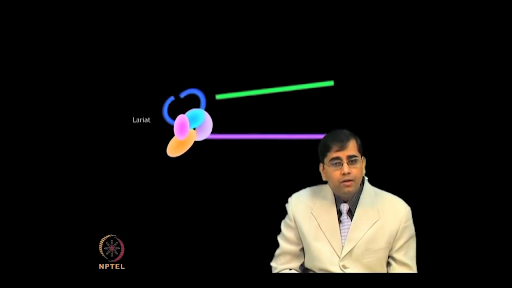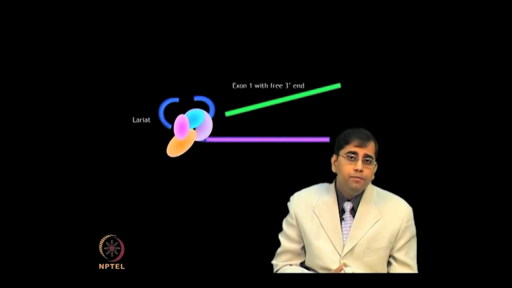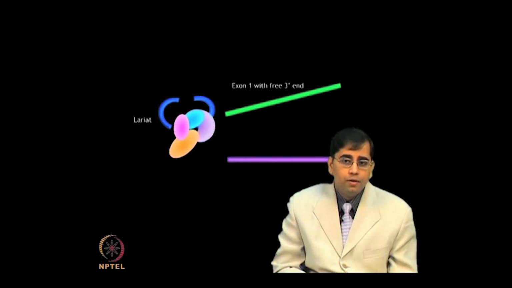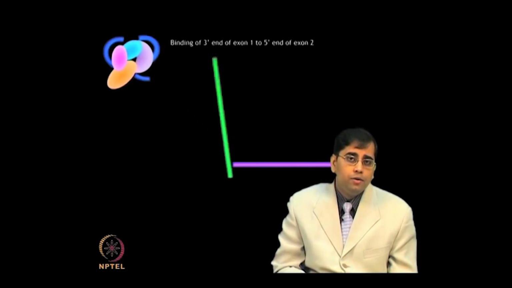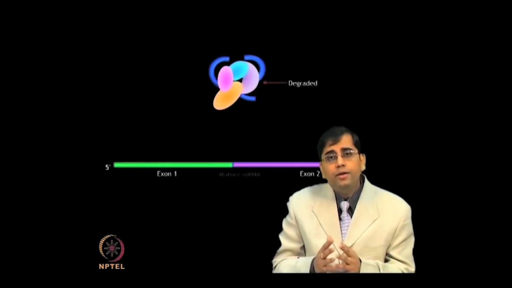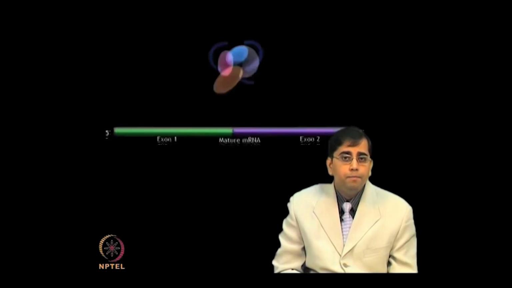The pre-mRNA contains both exons, the coding sequences, as well as introns, which are intervening non-coding sequences. By a series of steps, finally, the free 3' hydroxyl group of the first exon attacks the 5' end of the second exon such that they are joined together to give the mature mRNA.